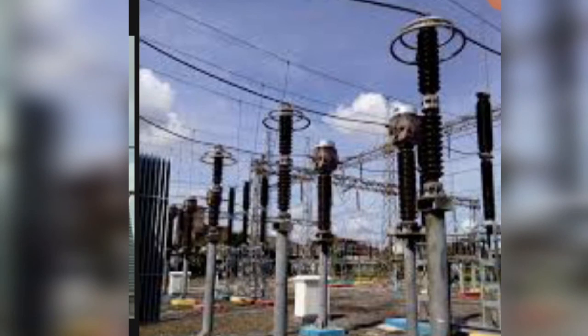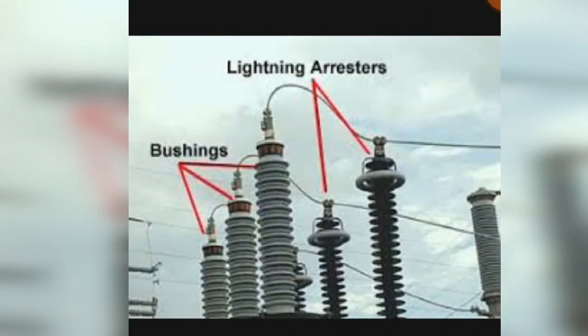I am talking about the lightning arrester, which controls the natural lightning and sends it toward the ground to discharge it. Lightning arrester within the bushings.